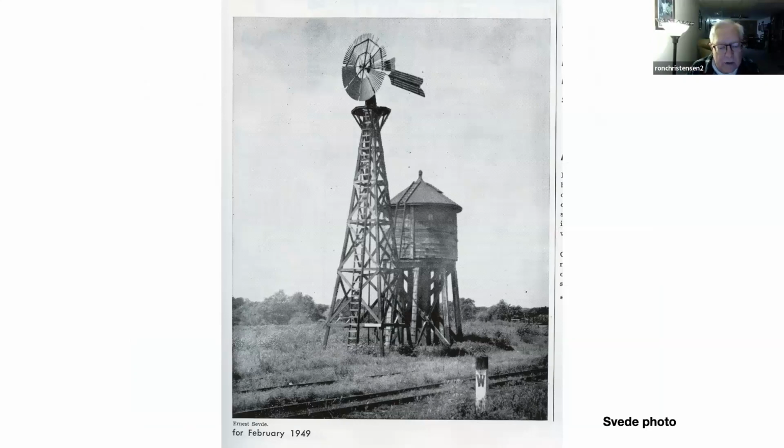I'm not sure where he took that, but I think it's someplace in the central part of Iowa, probably on the Northwestern. Well, it does give you the guy's first name. We've seen his pictures before. Now we know he was Ernst.